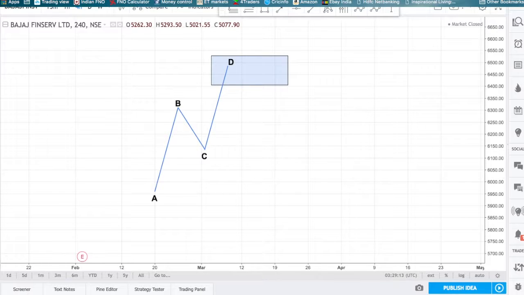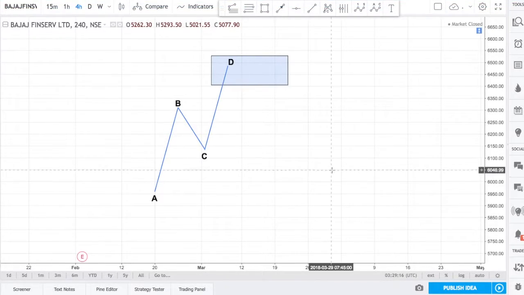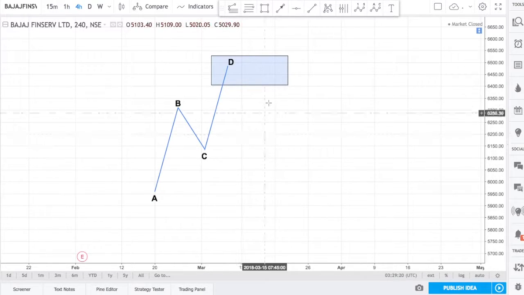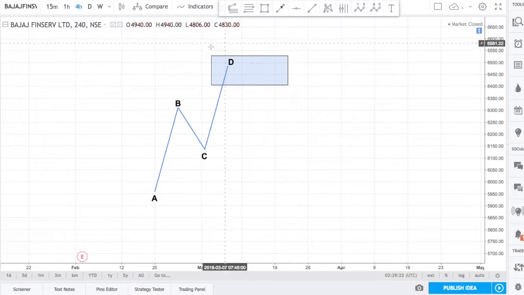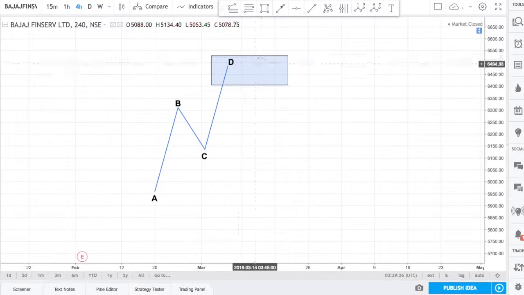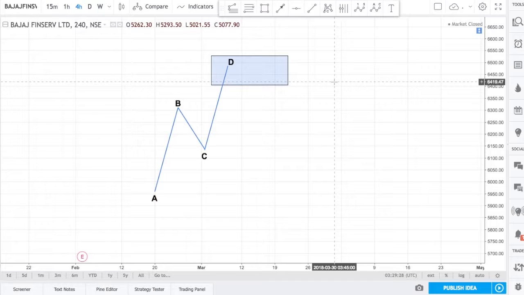So we now have our ABCD pattern and a reversal zone in place.